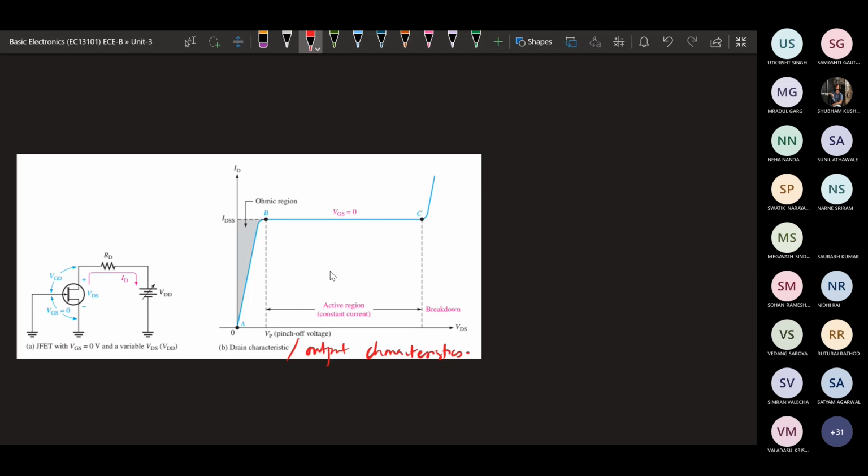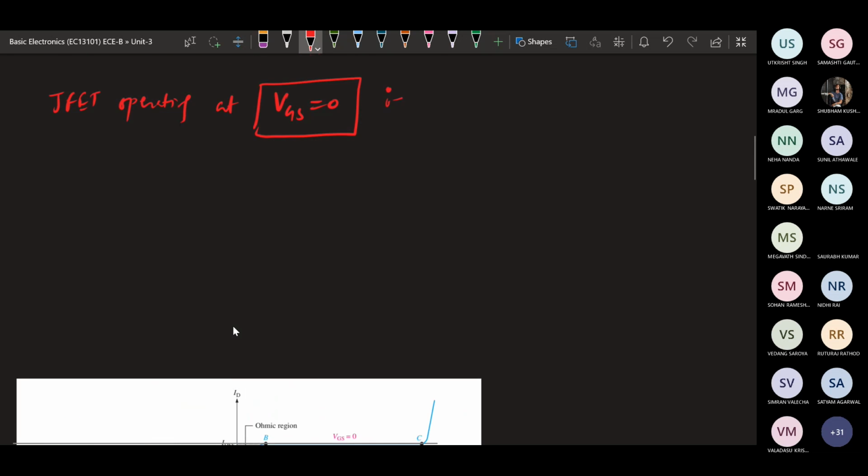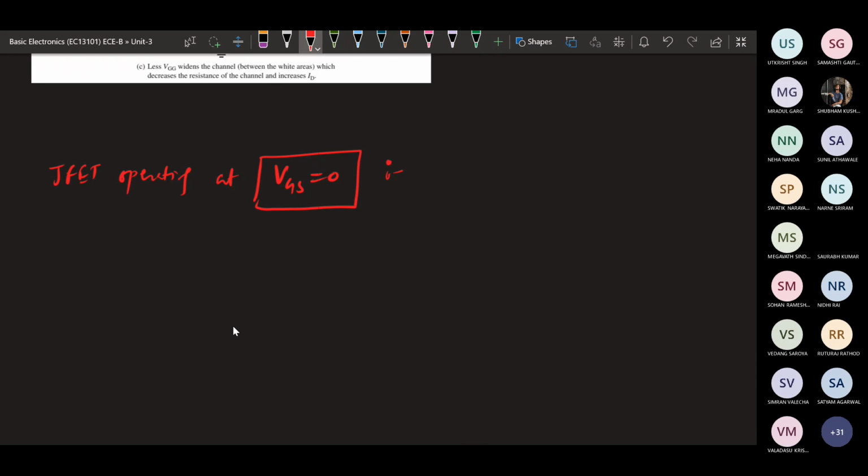Okay, so if VGS is 0, at that time, we are increasing the VDS. So if VDS is 0 and VGS is also 0, then the current will be 0. That will be the location of the A point. This is the A point. So we can write the first case: VGS is 0 and VDS is 0.